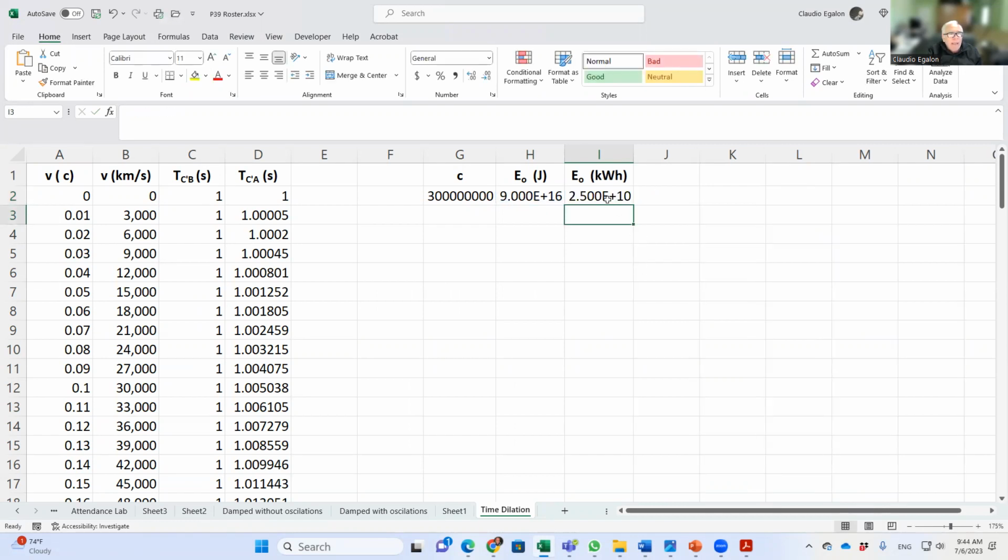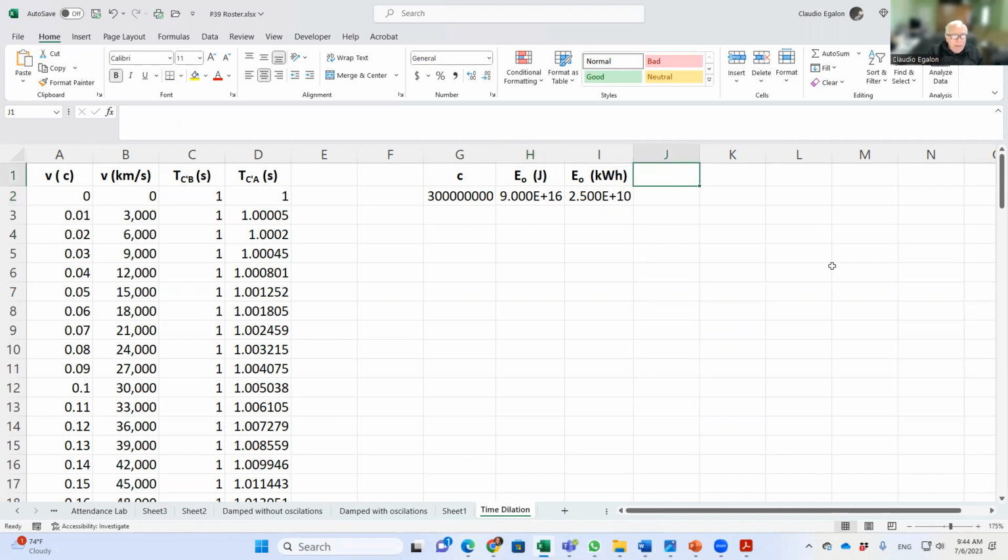And look what I'm getting here. I'm still getting a large number in kilowatt hours, 2.5 times 10 to the 10th kilowatt hour. We are dividing by 10 to minus 6, but this number is even larger.